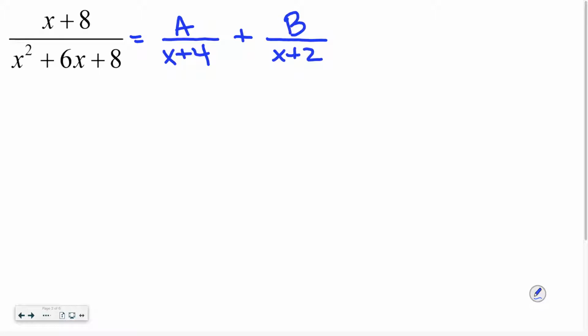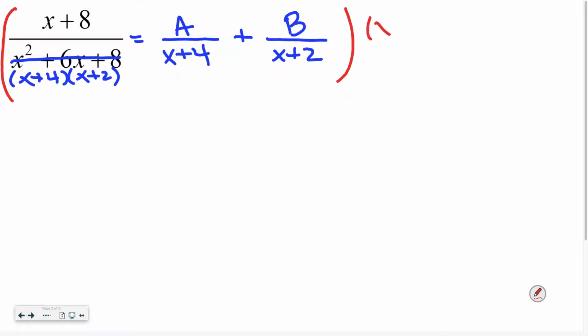All right, so once we have our problem set up, we are going to multiply by the least common denominator. And your least common denominator is always going to be this denominator right here. Whatever your original denominator is, that is what you're going to multiply by.